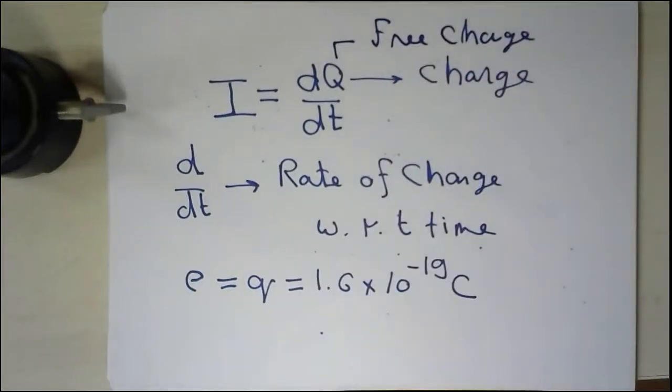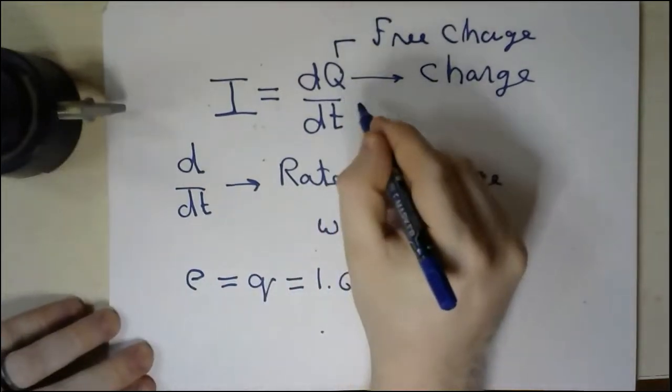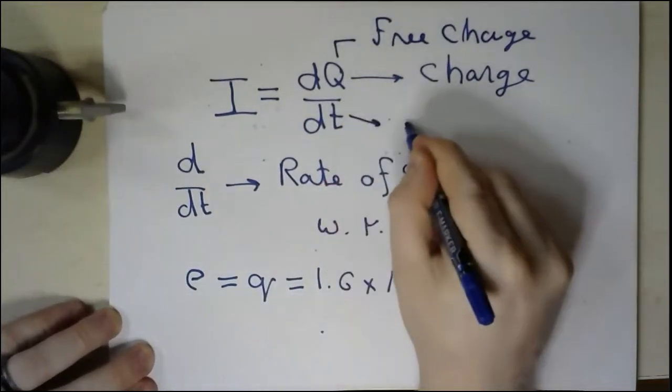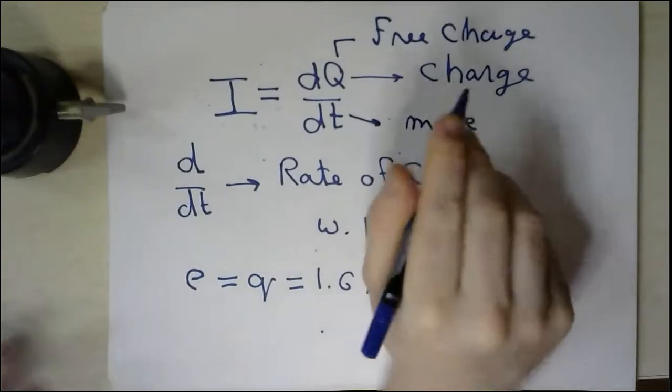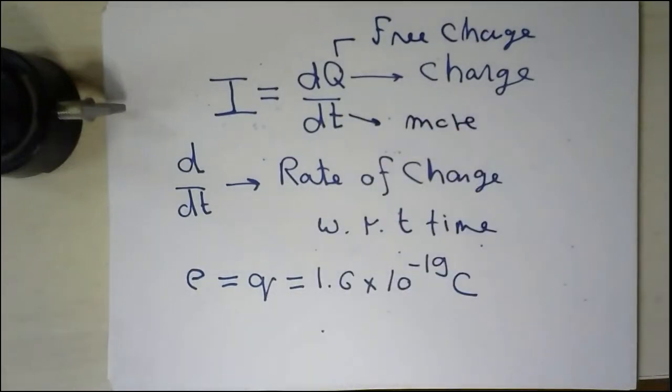What I mean by free charge is a charge that has the capability, the ability to move, not a bounded, not a fixed charge. So the first requirement to have an electrical current is to have a free charge. The second requirement is that this free charge can move, which is d by dt. Because simply, if you have a static charge, it will not create current.